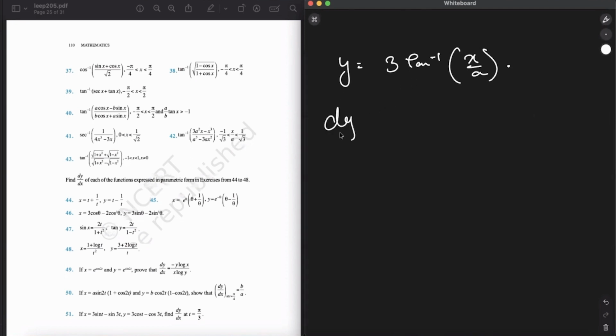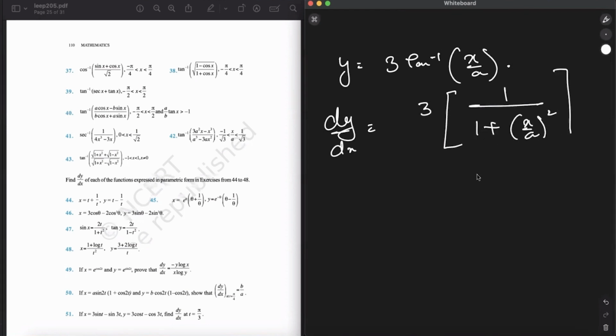Now, if I differentiate it with respect to x, what will I get? 3 times 1 upon 1 plus (x upon a) whole square. Simple. So 3, and this is (x upon a) whole square, so a square plus x square. This will be your answer.